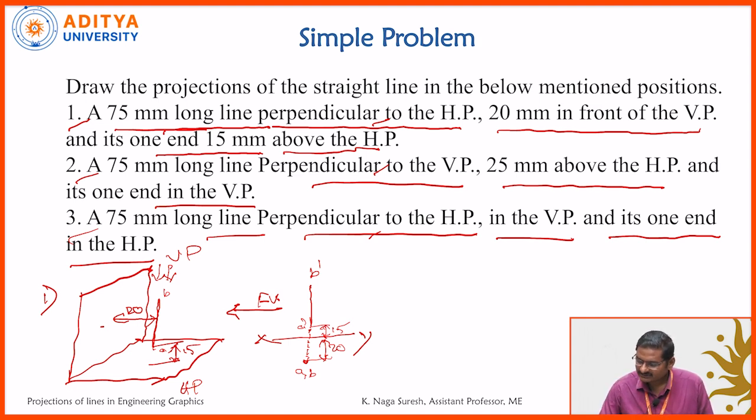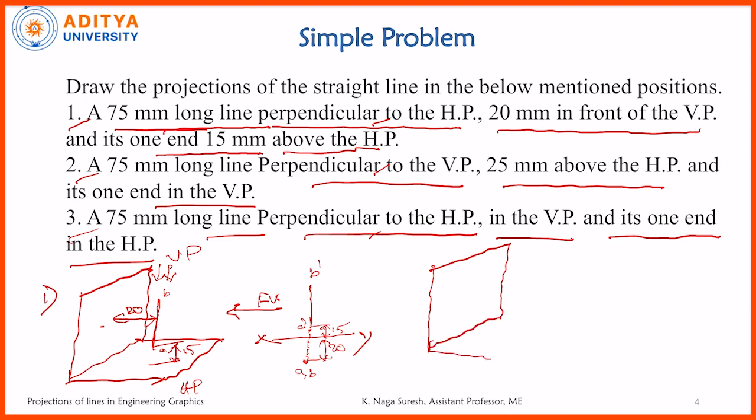And the second one: the 75 mm long line perpendicular to VP. This is HP and this is VP.